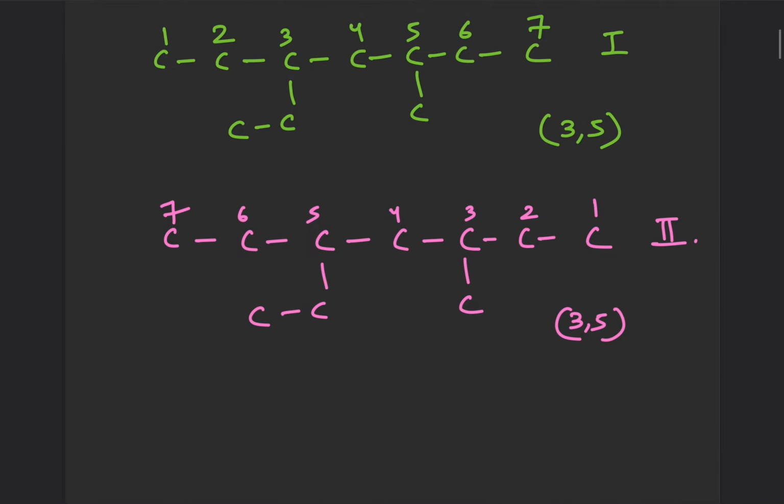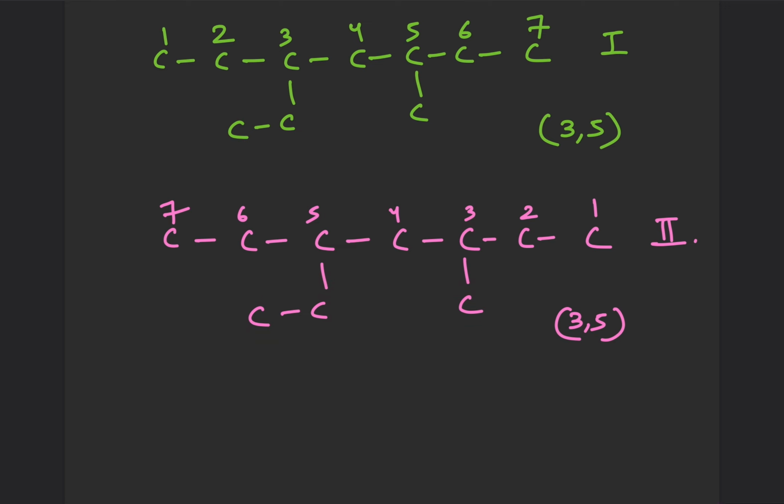So obviously, which one of them is correct? To answer this, observe that in both ways the number of the substituent on the parent chain, that is the locant, is 3 and 5 respectively, right? Or we can say that the two different alkyl groups are present at equivalent positions. Here ethyl is present at 3, here methyl is present at 5, here methyl is present at 3 and ethyl is present at 5.